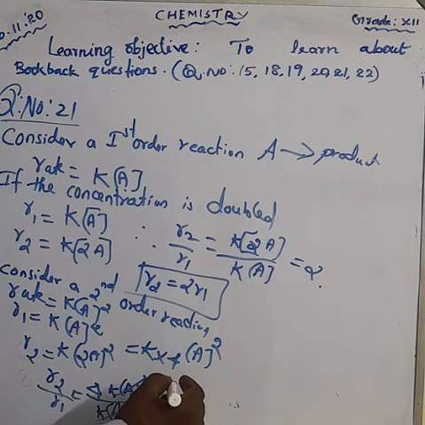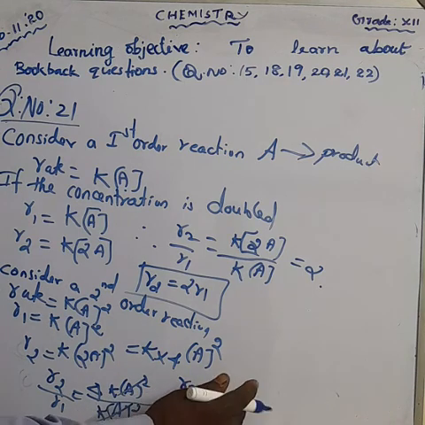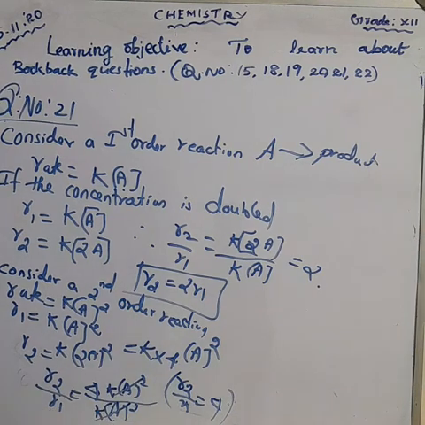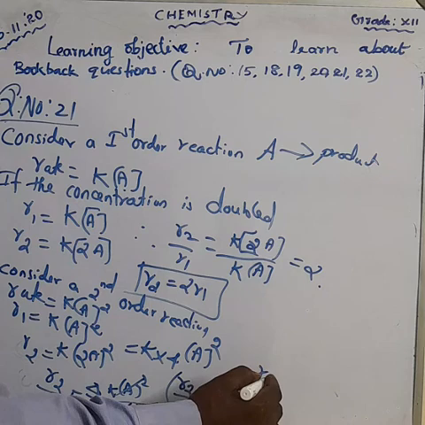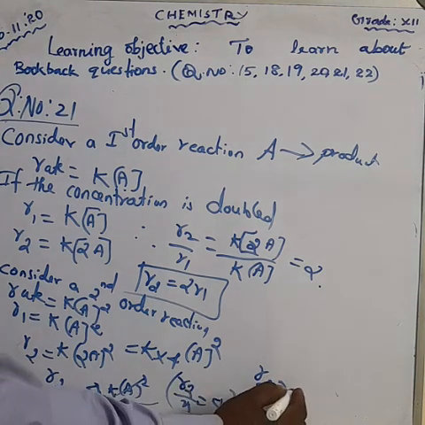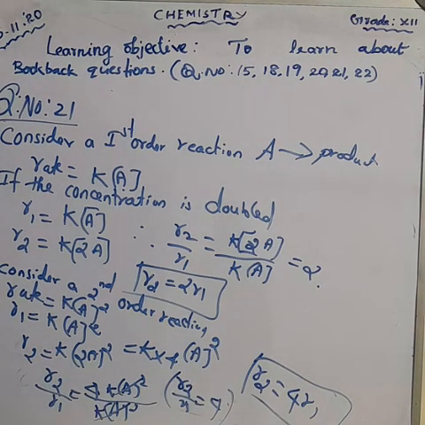R2 by R1 is equal to 4. So R2, by cross multiplication, is equal to 4R1. This is the answer.